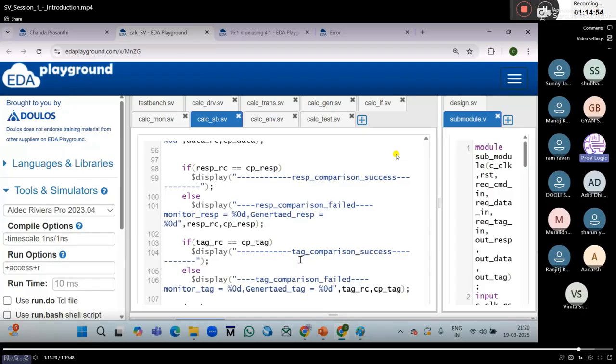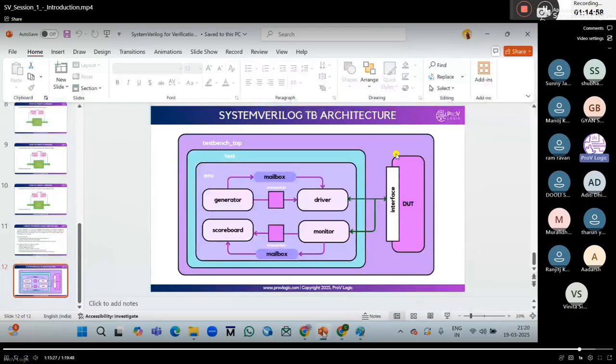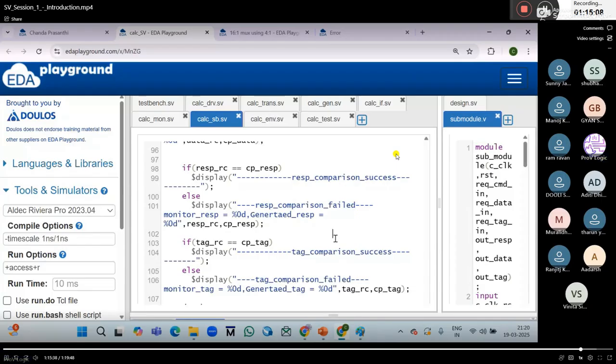We don't have these things, right? So now we have created all these blocks: transaction class, generator, driver, monitor, scoreboard, everything. Do you have any doubts still here? No doubts? Okay.